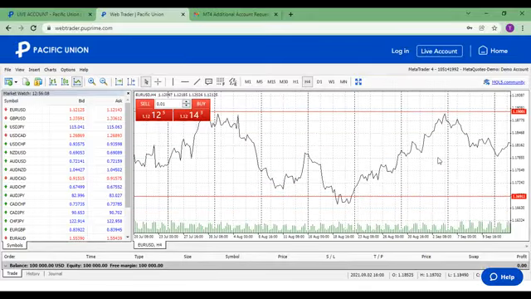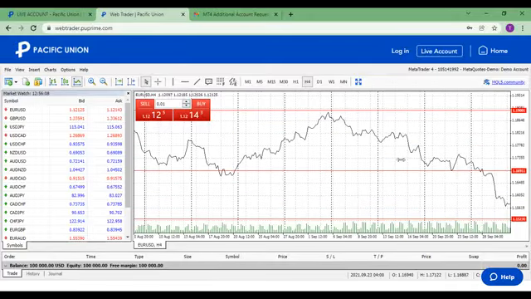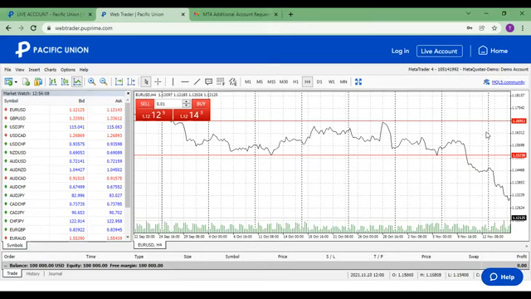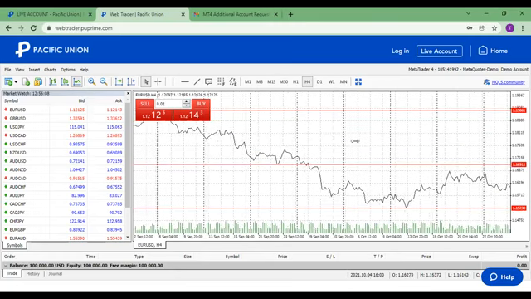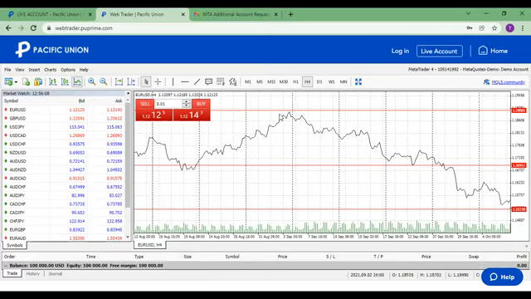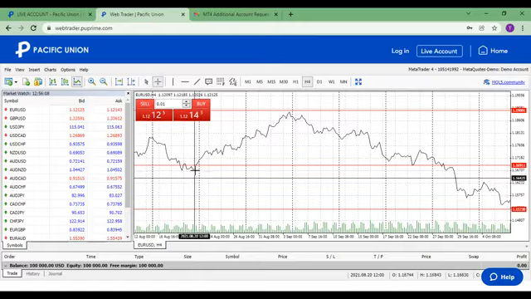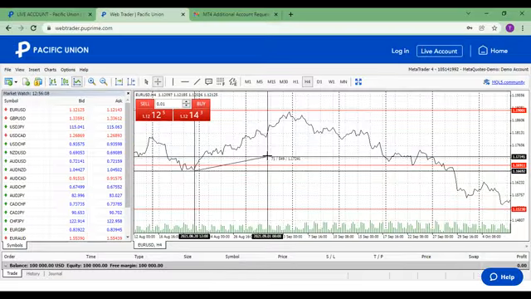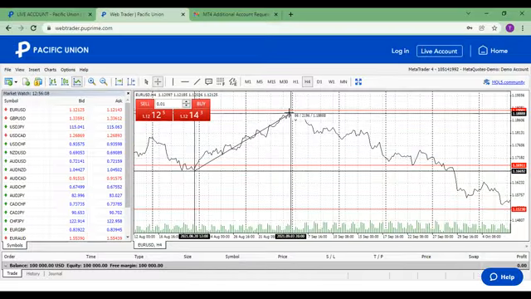Going forward in time, you see price has not broken up past that level before. So now imagine price has been on a bullish trend, maybe from this level to this level, price has been buying.